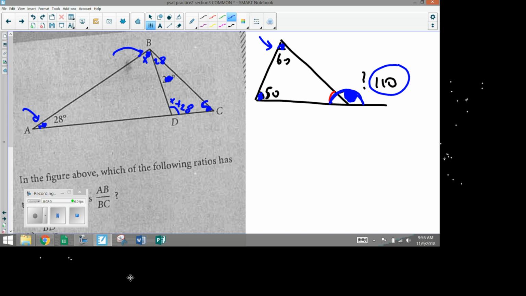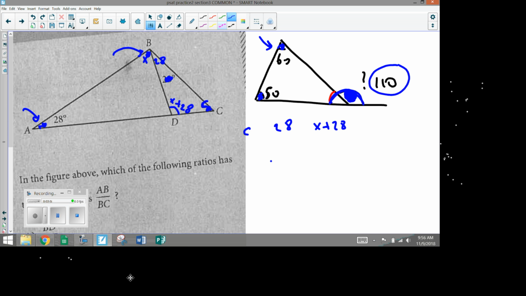Okay, focus on the smaller triangle. C, 28. I'm writing the angles. These are the measures of that small triangle. Is that correct? Did you see that? C, 28, X plus 28. And now I want you to look at the bigger triangle. Check the measures of the angles.